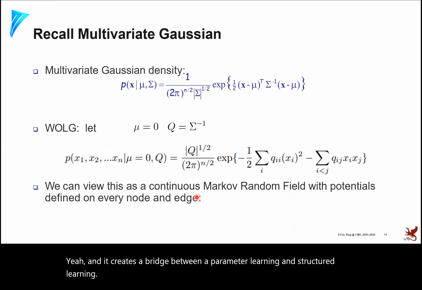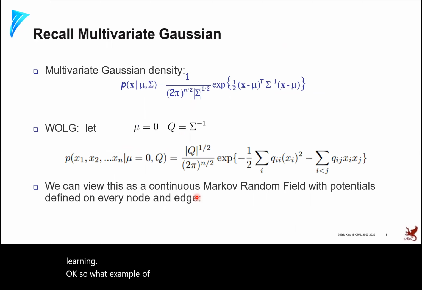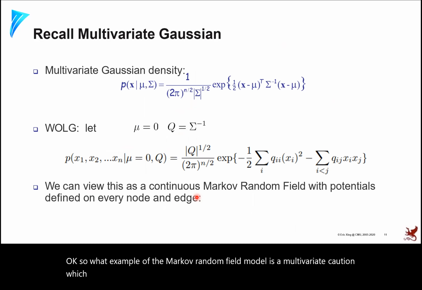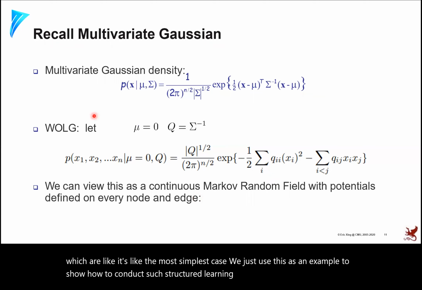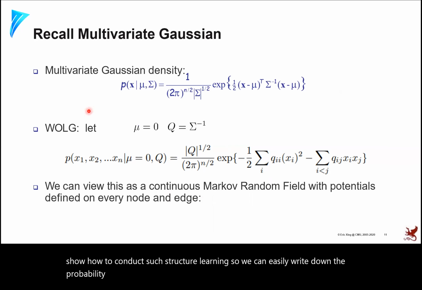Okay, so one example of the Markov random field model is a multivariate Gaussian, which is the simplest case. We just use this as an example to show how to conduct such structured learning. So we can easily write down the probability as this for each of the data.